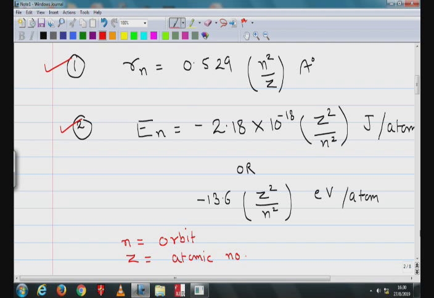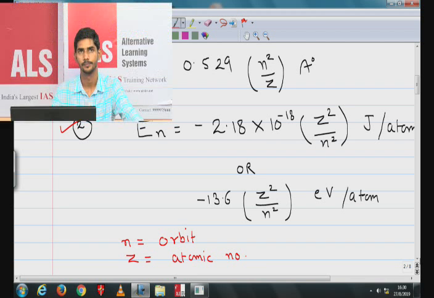Any other thing, Itanagar? Can we proceed?